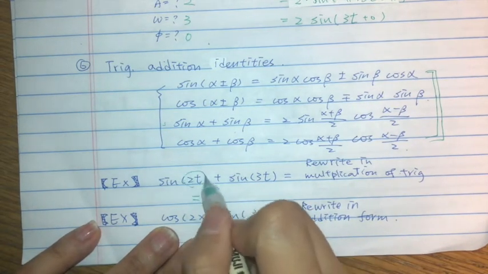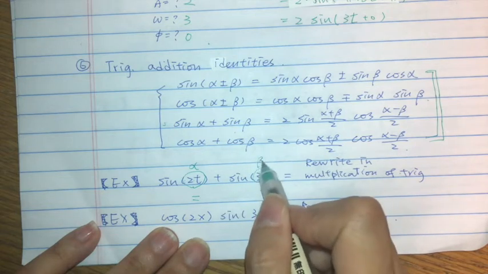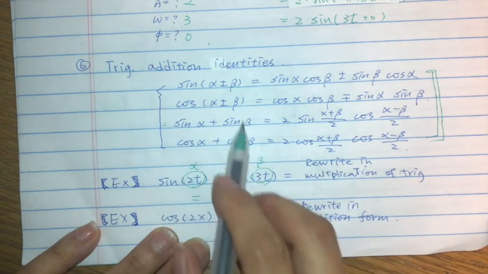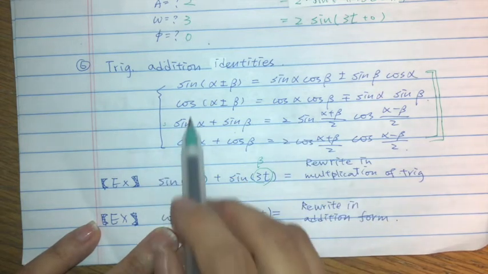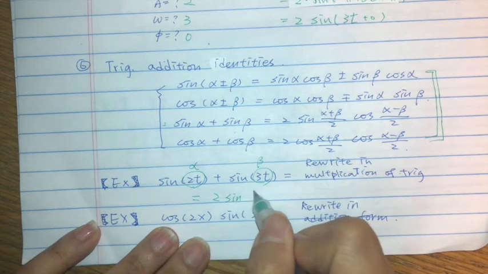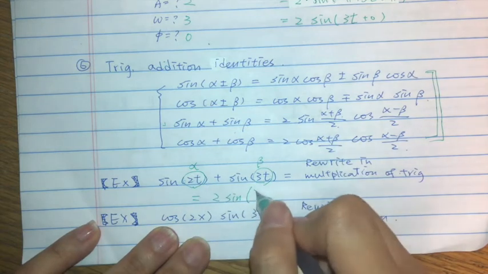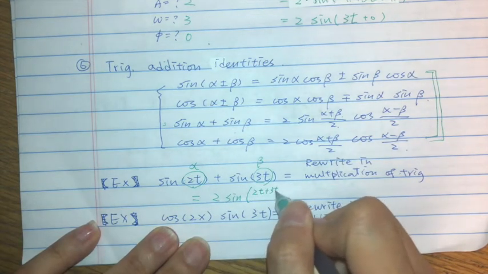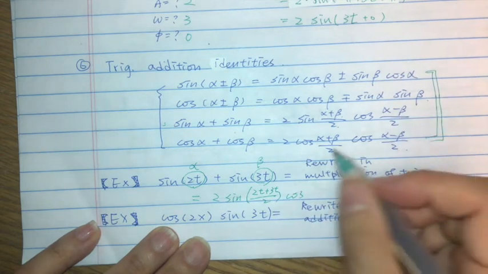So now you can see my alpha is 2t, my beta is 3t, right? If I use this identity, I know that sine alpha plus sine beta equals 2 sine of alpha plus beta over 2, where alpha is 2t and beta is 3t, times cosine of alpha minus beta over 2.